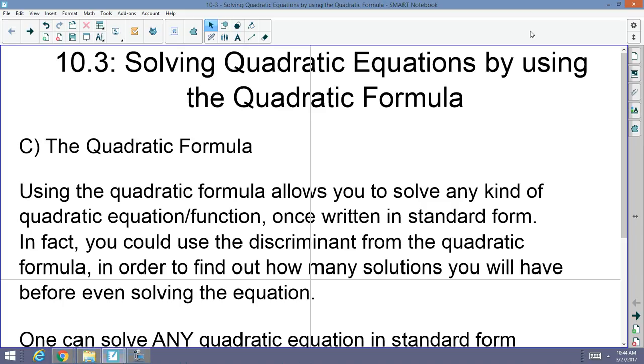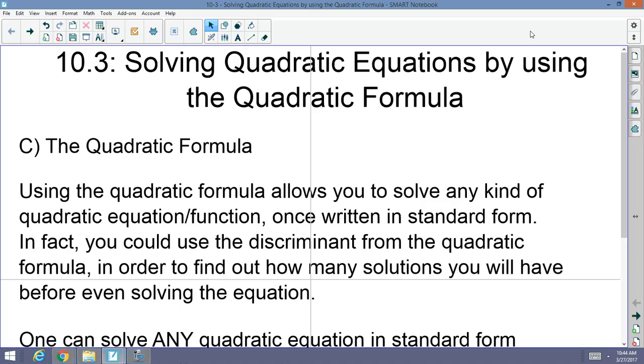I can factor a lot quicker than I can use this. Sometimes if you have even numbers, I can complete the square quicker than I can use this. So for me, I use this when it's not factorable and it's real ugly and I just want to get to the answer. I don't want to complete the square. All right? But you can use the quadratic formula to solve any quadratic function.